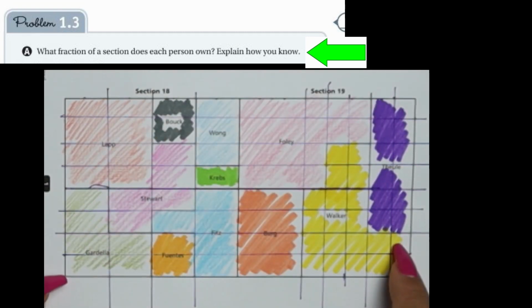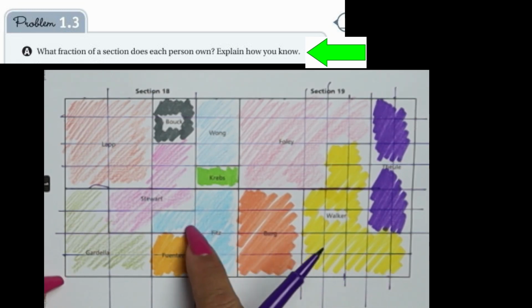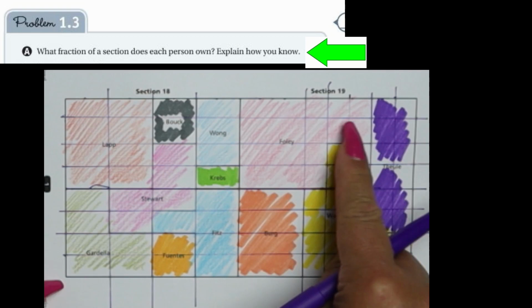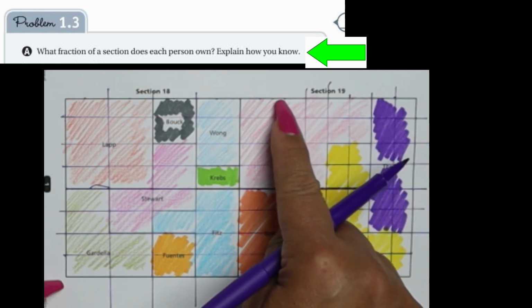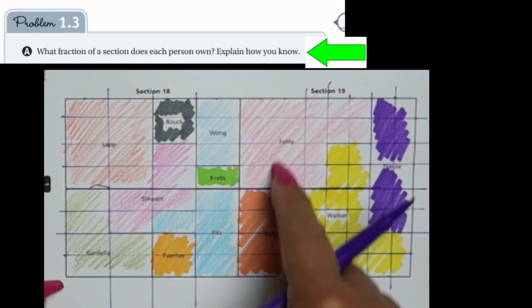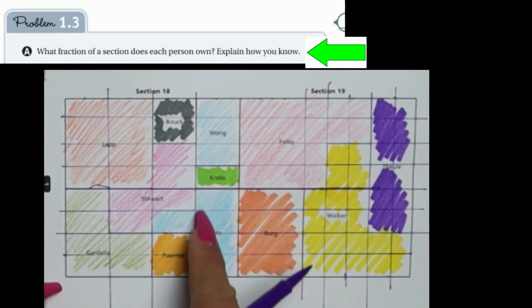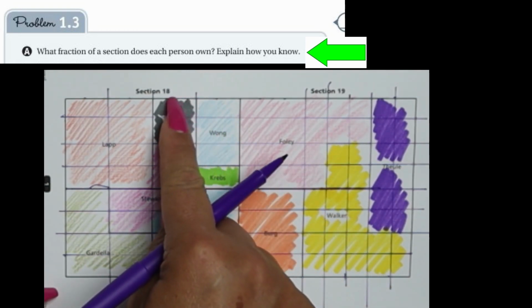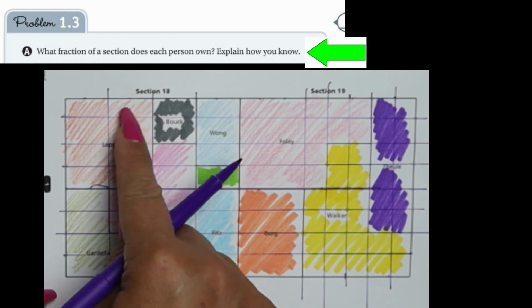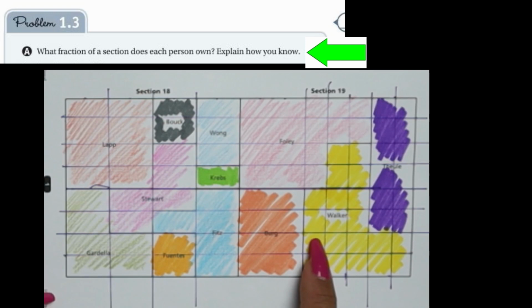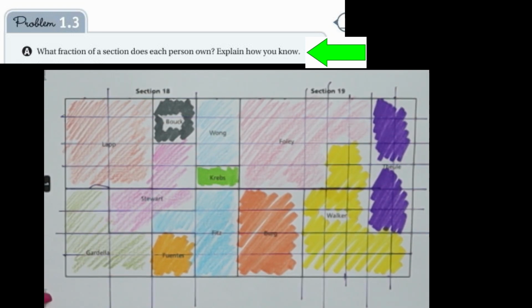Now they're equal, but I have to do the same thing to the rest. These are thirds, so I'm going to divide this into thirds, and this in half, and that in half, and all of them will be equal to the smallest denominator.